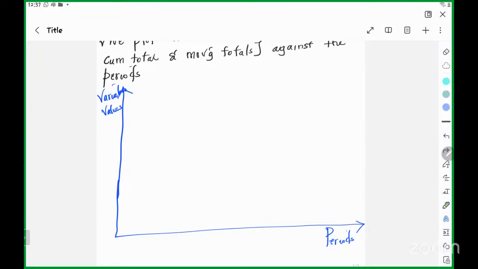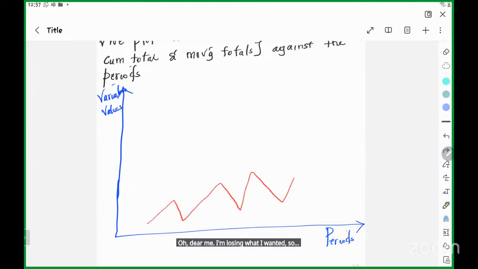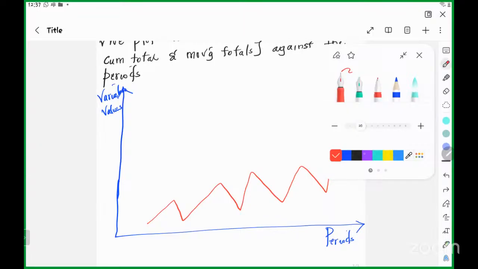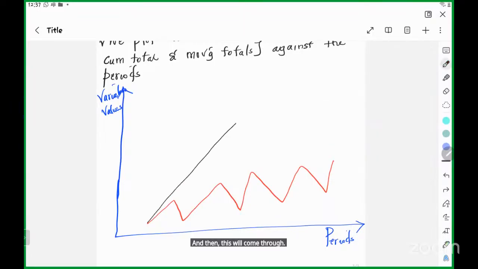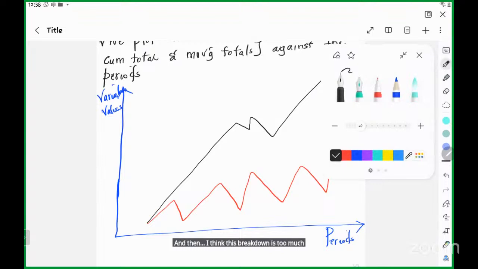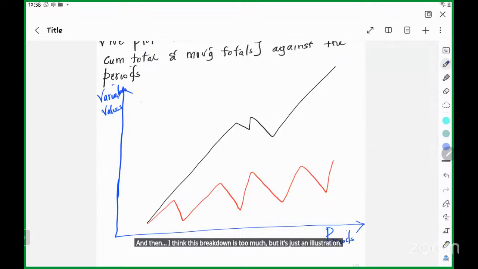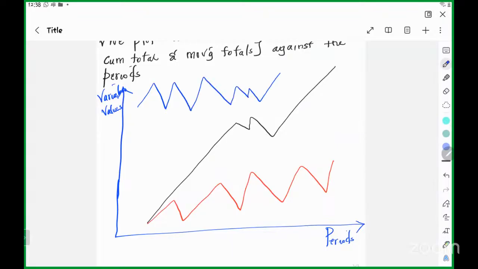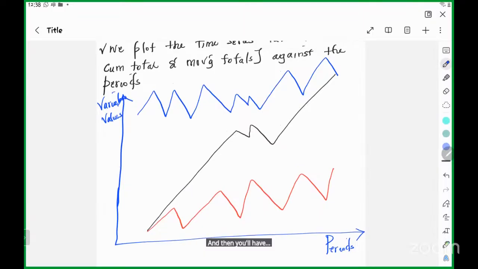Oh dear me, I'm losing what I wanted. And then this will come through. And then I think this breakdown is too much, but it's just an illustration. Okay, so that's how it looks.